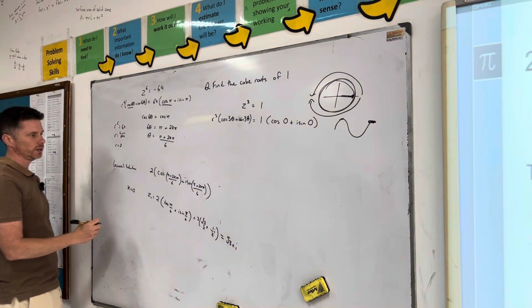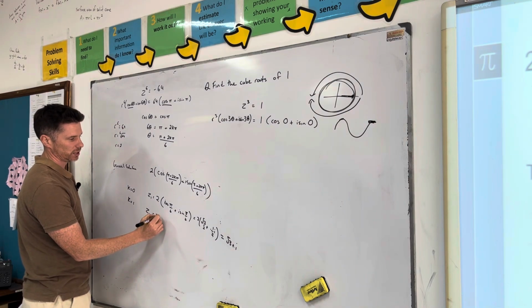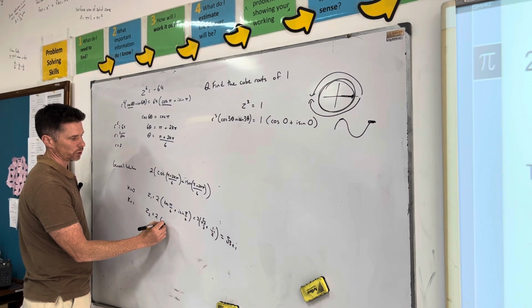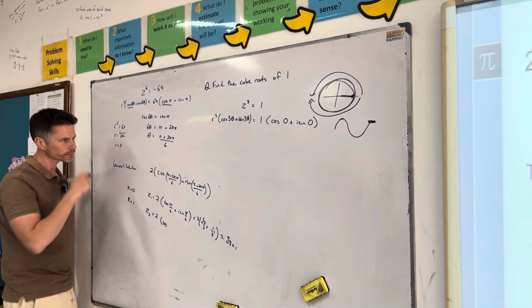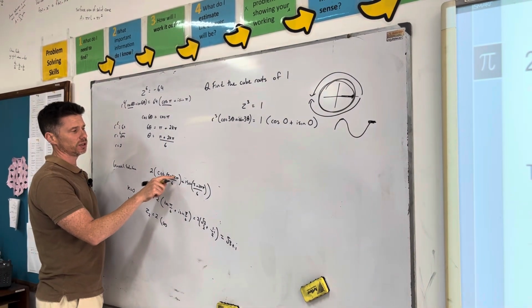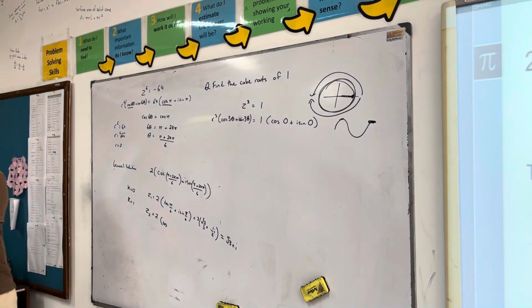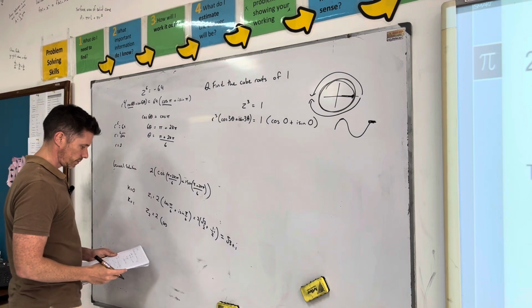Next one I'm going to pick is k equal to 1, just to see. Putting 1 in here gives 3 pi over 6, which is pi over 2.